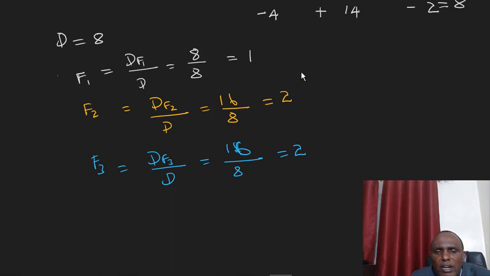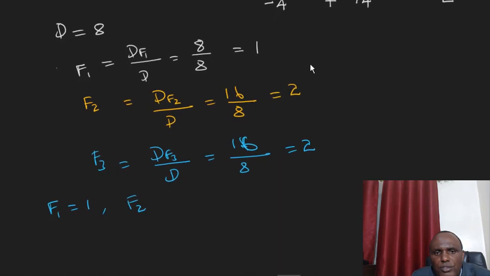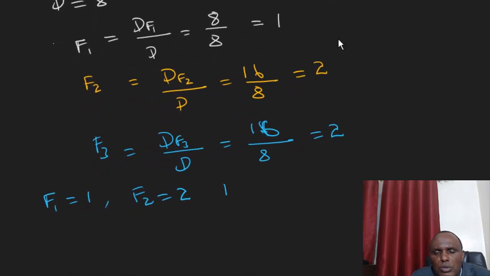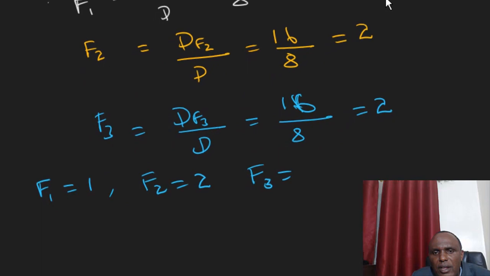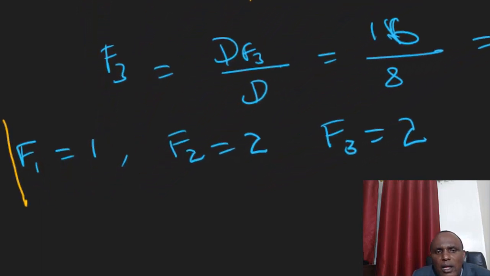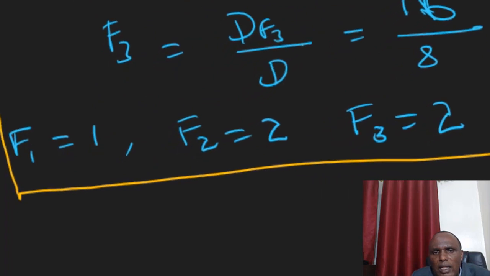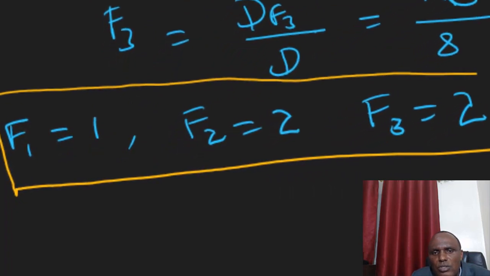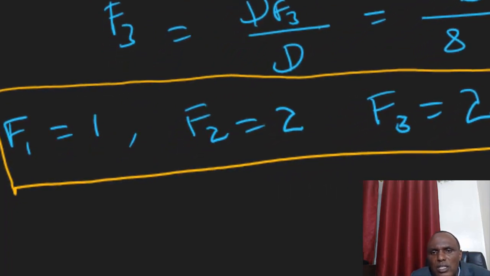And therefore, the solution for this simultaneous equation is F1 is equal to 1, F2 is equal to 2, and F3 is equal to 2. And those are the 3 solutions for these equations.